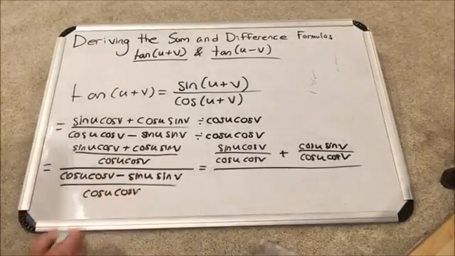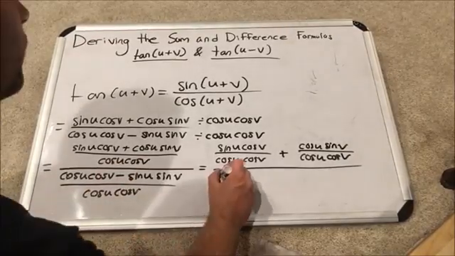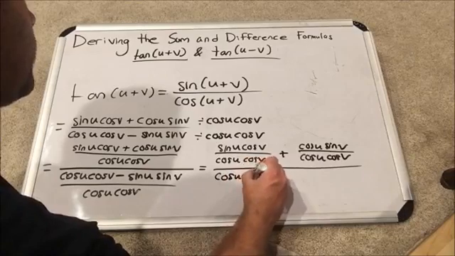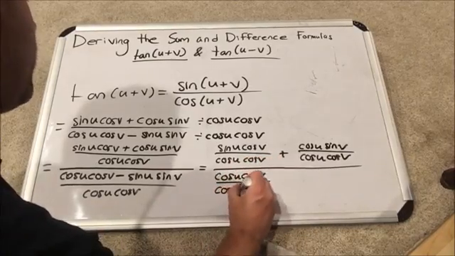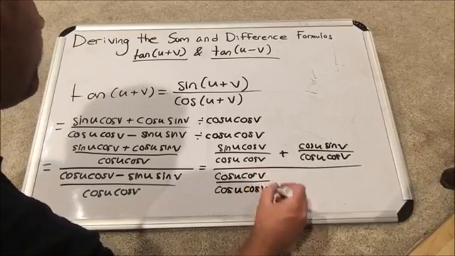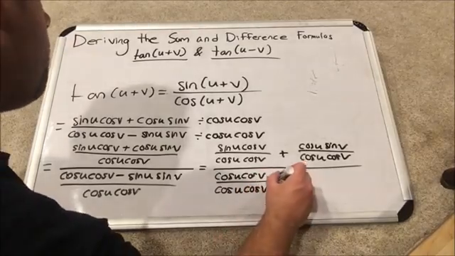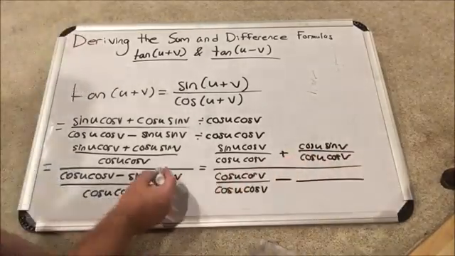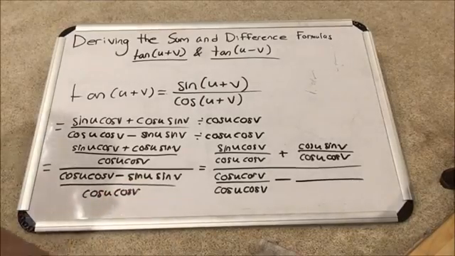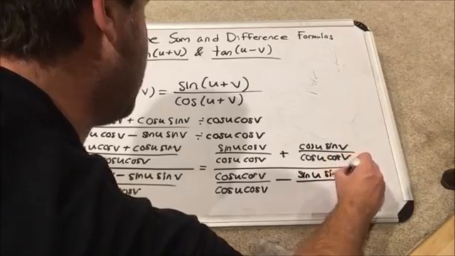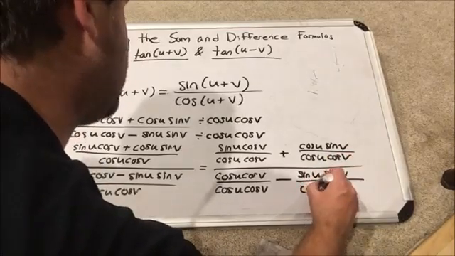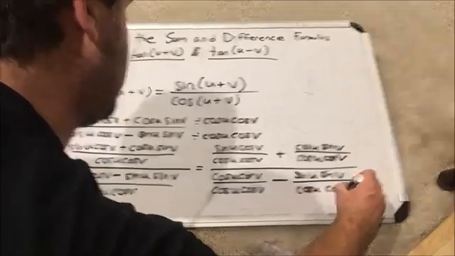Next, on the denominator, we have cosine u cosine v over the same thing, cosine u cosine v, minus, in the last part, we make that its own fraction, sine u sine v over cosine u cosine v.